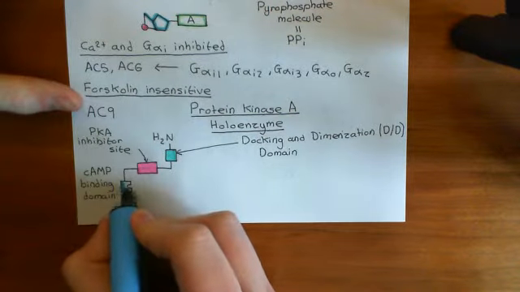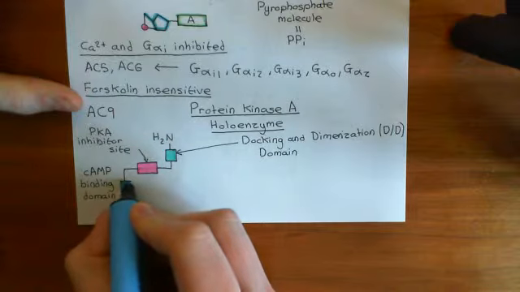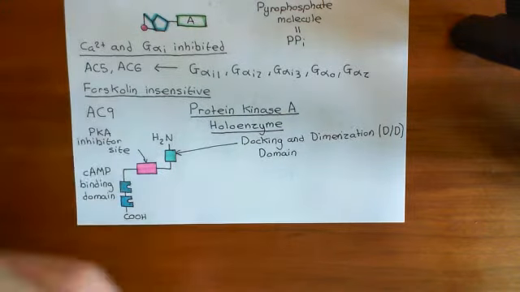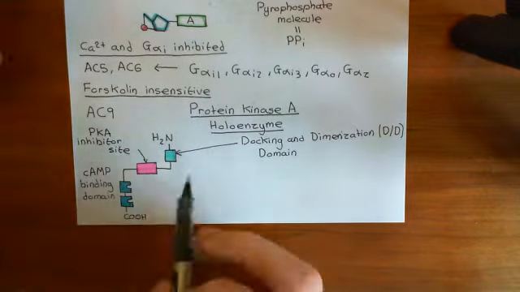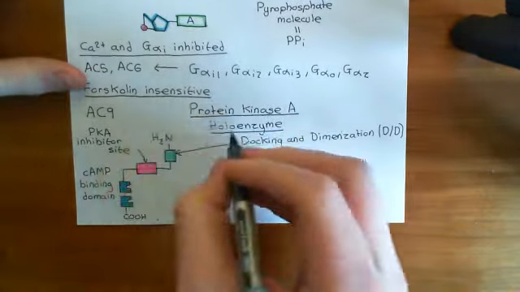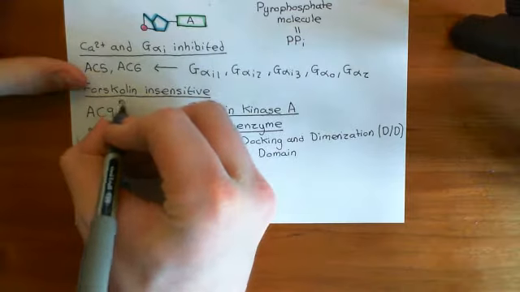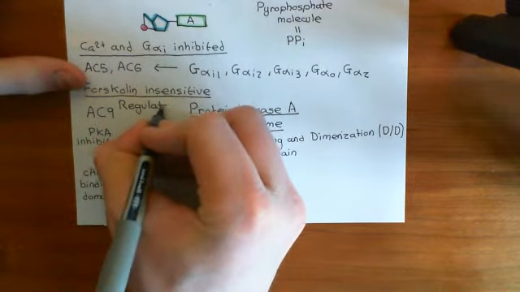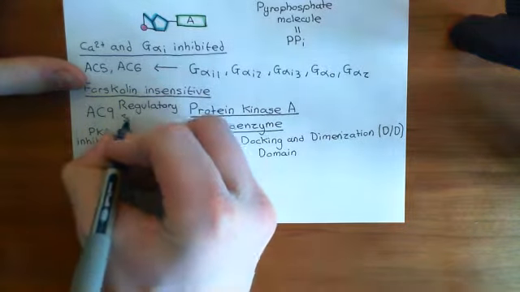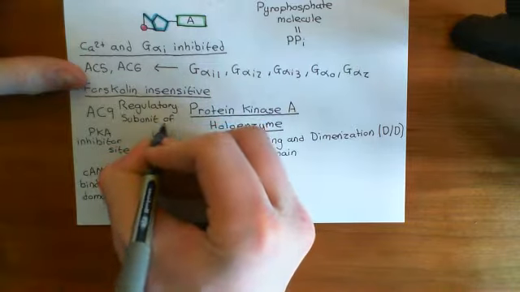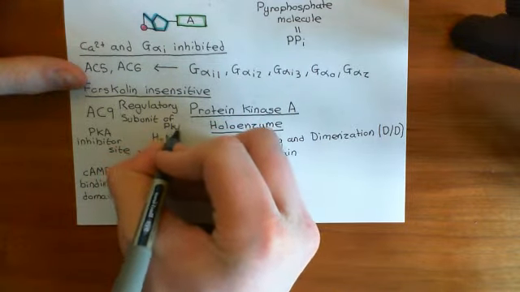After the 2 cyclic AMP binding domains, you then have the carboxylic acid terminus of the regulatory subunit, and that's the regulatory subunit finished. What I've drawn you now is a regulatory subunit of protein kinase A, and I really should have started a new piece of paper. It is 1/4 of the protein kinase A holoenzyme.